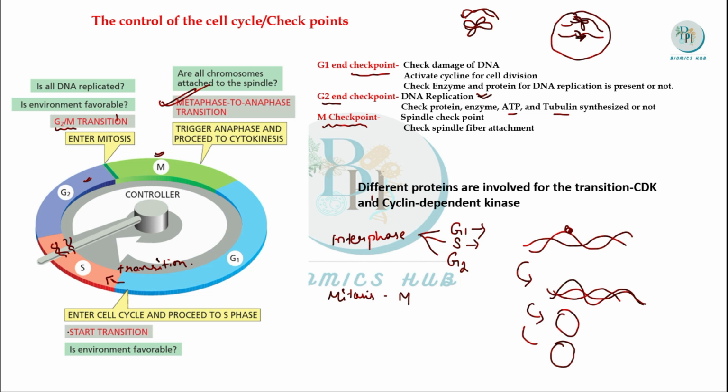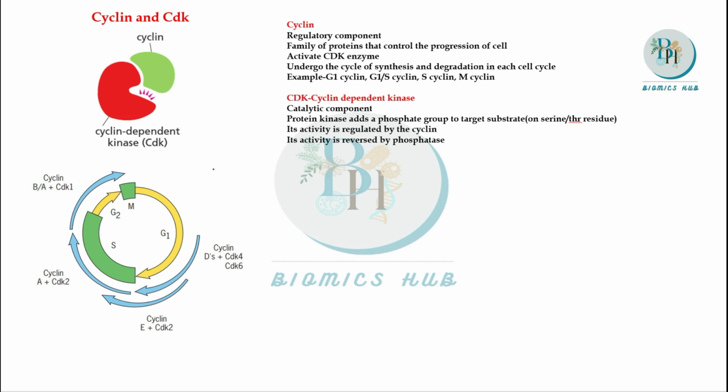When the cell is going through the cell cycle, there are some proteins which are regulating it. The proteins which regulate the cell cycle are the cyclin and the CDK. This is a complex, known as MPF, that means maturation promoting factor.